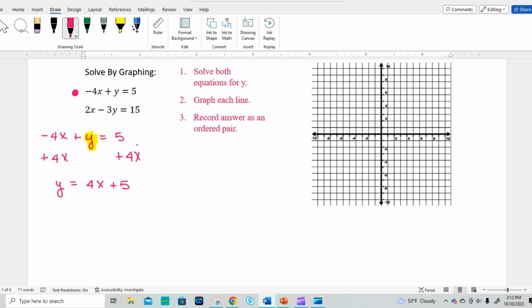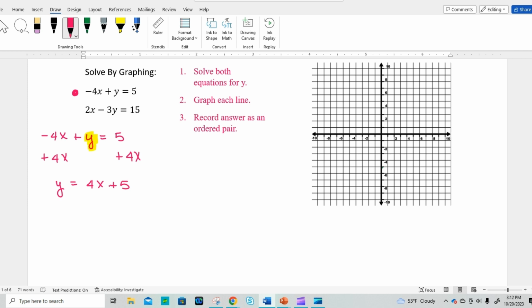The reason I can't just put those together and say that I have 9x is because they are not like terms. They can sit next to each other, but that's all. Also, if you said 5 plus 4x, that's perfectly fine. I tend to write it in this form because this is the y equals mx plus b form, and that reminds me which is my y-intercept and which is my slope.